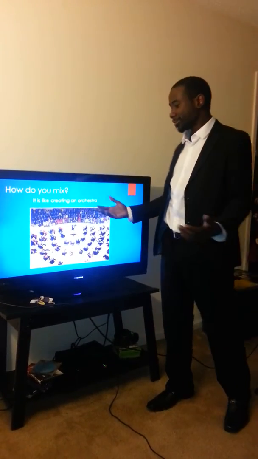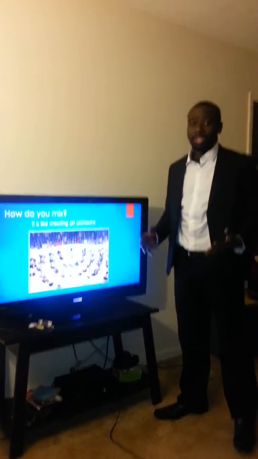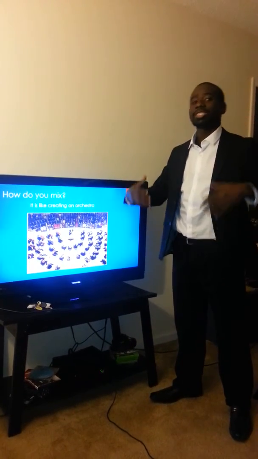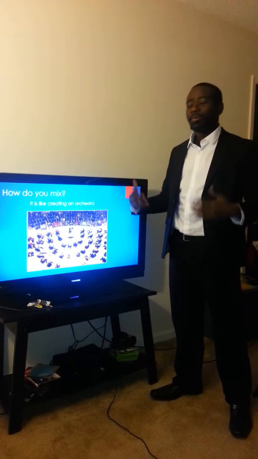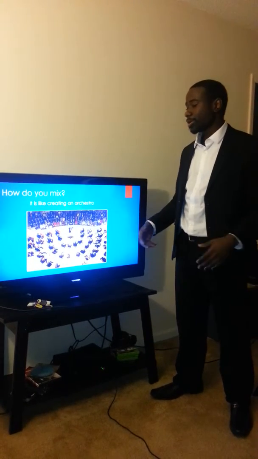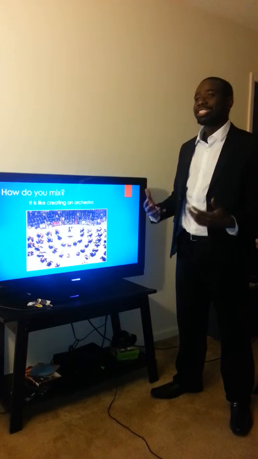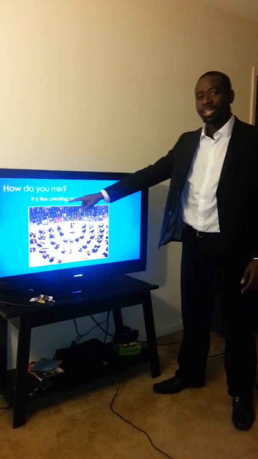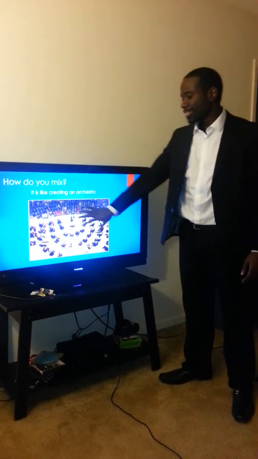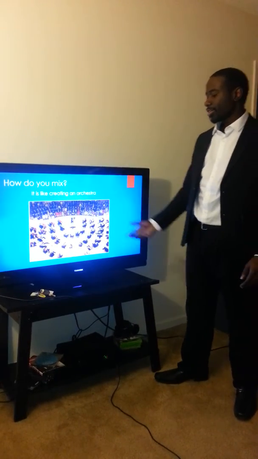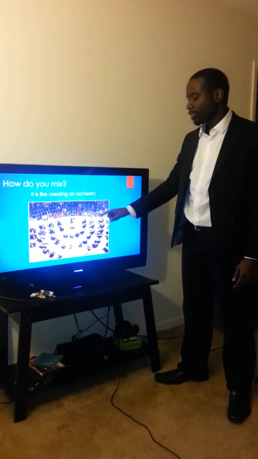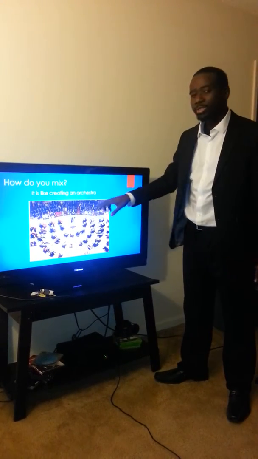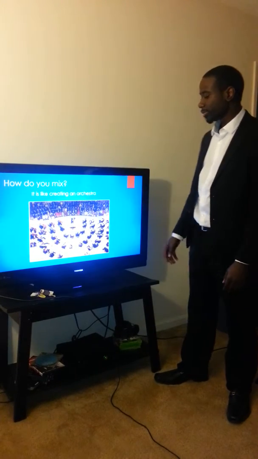So how do you mix? So, as I was saying, I'm not going to get into too much technical detail about how to actually mix music, but as a general rule, the way I like to think of it is it's a lot like setting up an orchestra. Look at this stage here. On this stage, you have individual instrumentalists playing their instrument in a physical space on this stage.